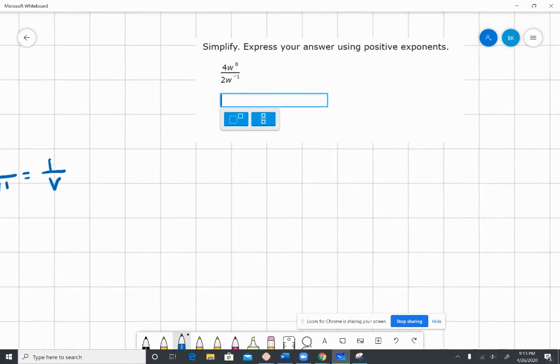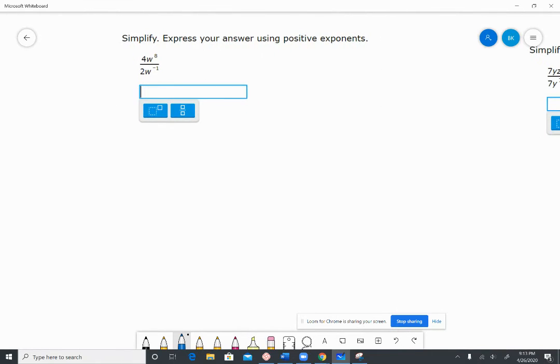Then it gets a little bit harder. 4w to the 8th power over 2w to the negative 1. So again, take one thing at a time. 4 divided by 2 is simply 2. And then for w, we're going to have 8 minus negative 1. So we have two subtraction symbols here.